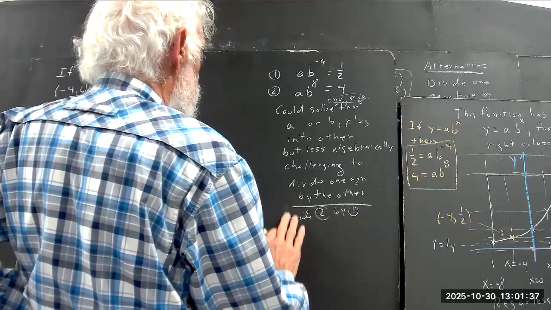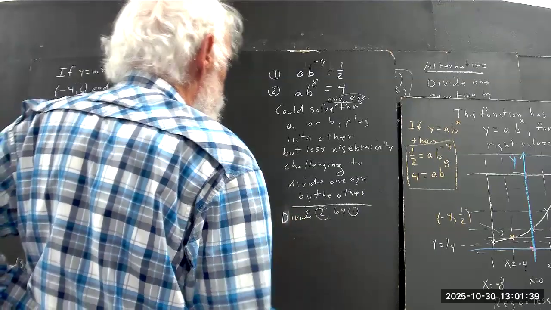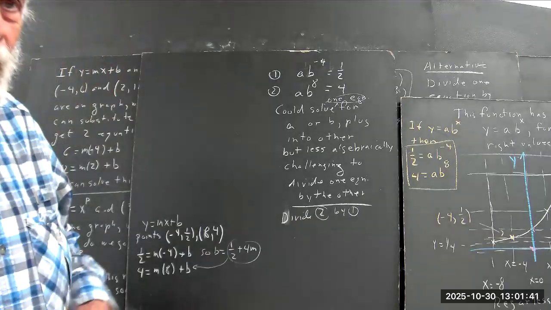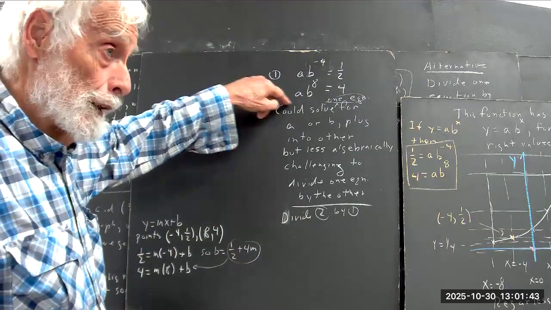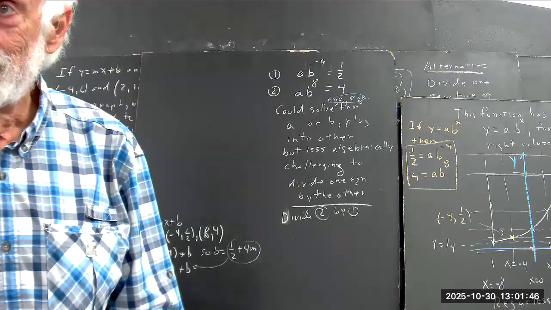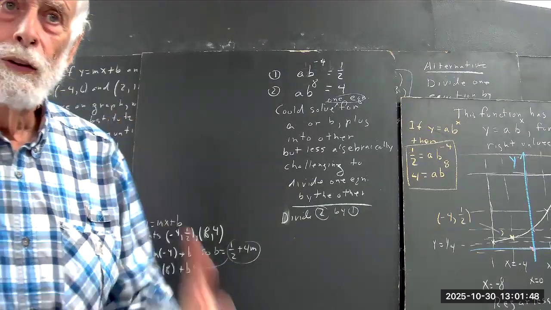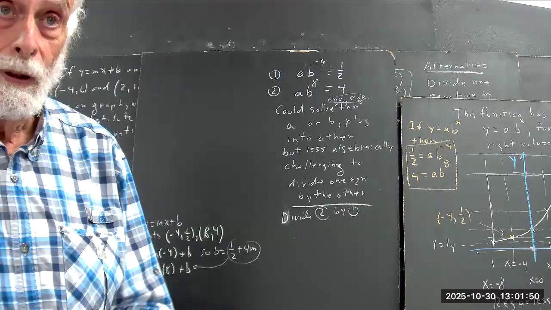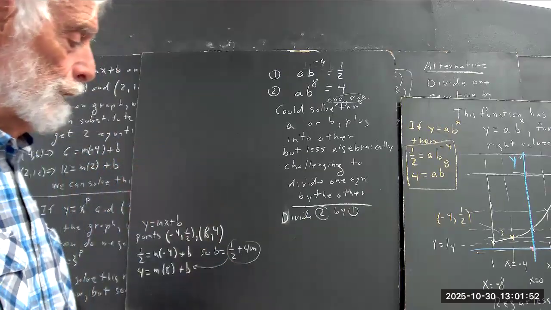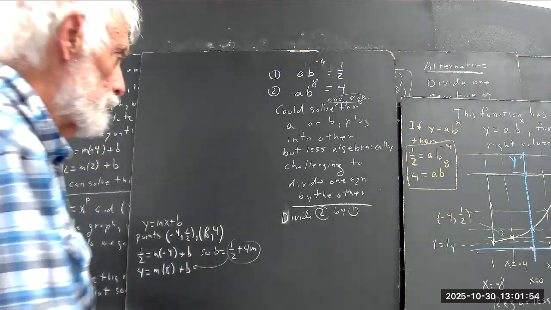Now, when I say divide one equation by the other, that's shorthand for saying divide the left-hand side by the left-hand side and divide the right-hand side by the right-hand side. You have to divide the left-hand sides, and you have to divide the right-hand sides.